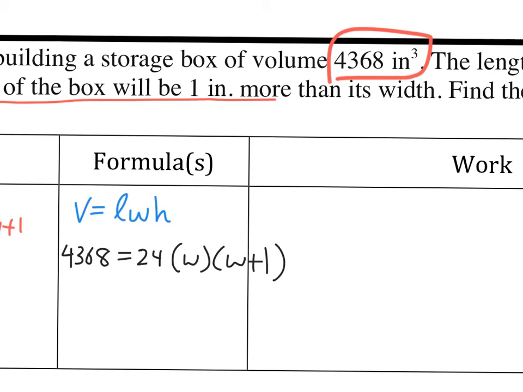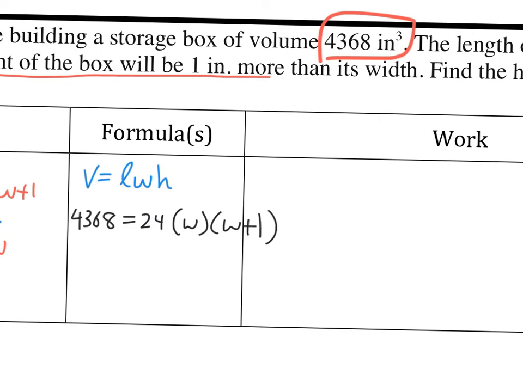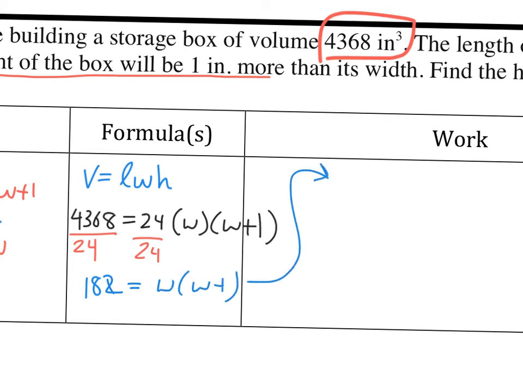So I just substituted in my variables and values. So let's show some work. I'm going to go ahead and divide by 24 on both sides, because ultimately my goal is to get W by itself. So 182 is equal to W times W plus 1.